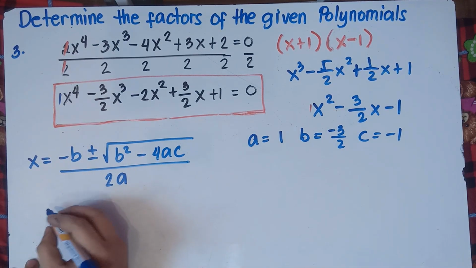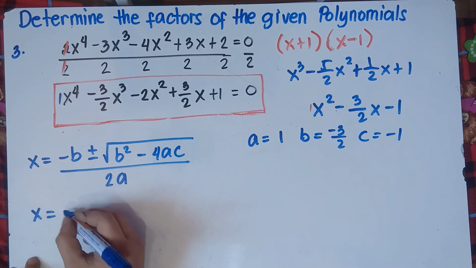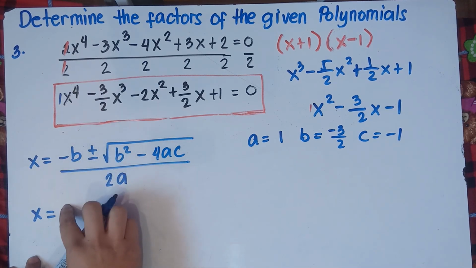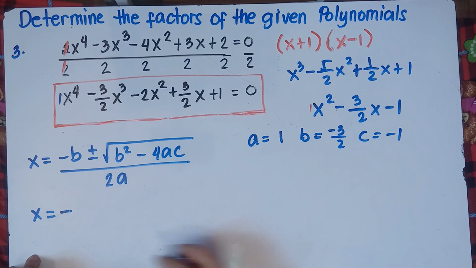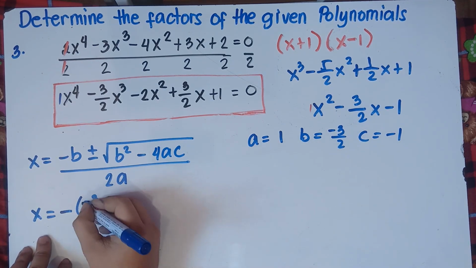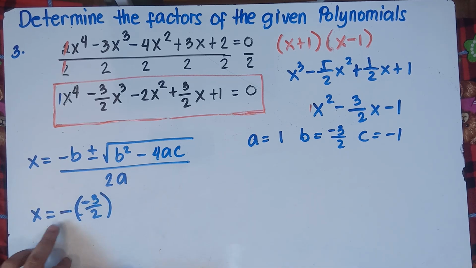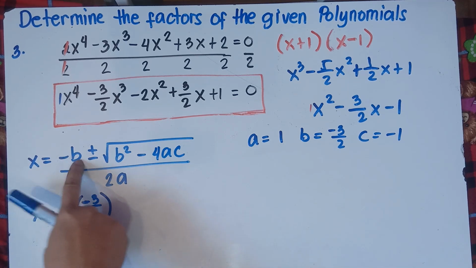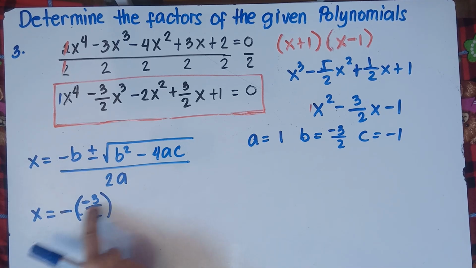So substitute the values, class. This will be x equals, copy the negative sign from the formula, and then your b is negative 3 over 2. You may ask, sir, why do you have two negatives? The first negative came from the formula, which says negative b, and the second negative is the value of b, negative 3 over 2.